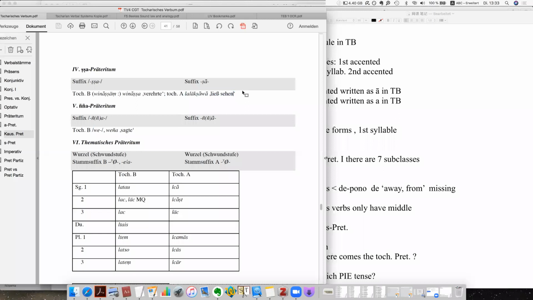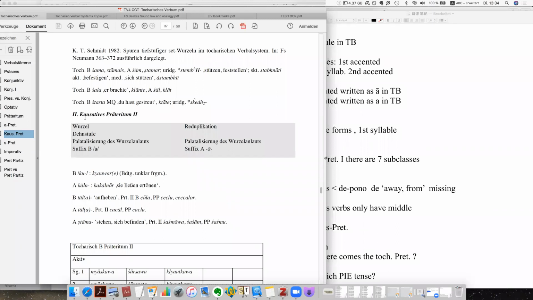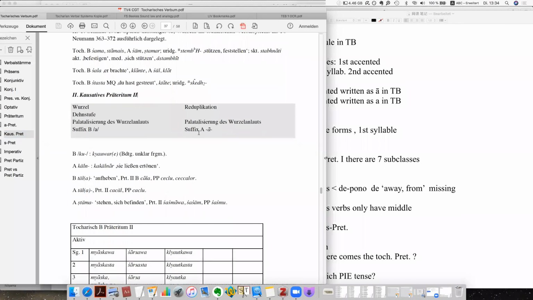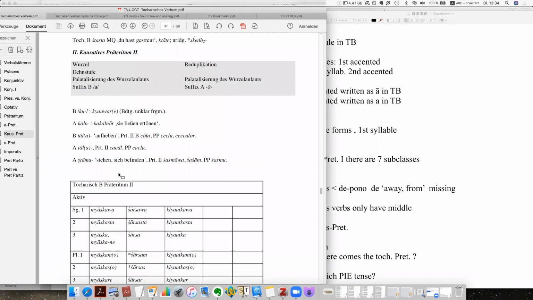But we will talk about it later, because this class is connected with the second preterite, called the causative preterite. And there's also an interesting thing, because there's a difference between A and B. In B, the root is ku, and the preterite is kyawa.